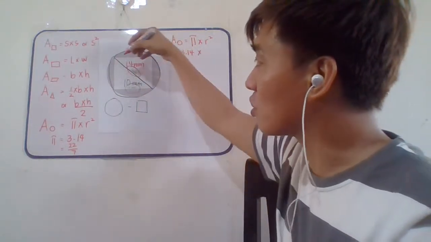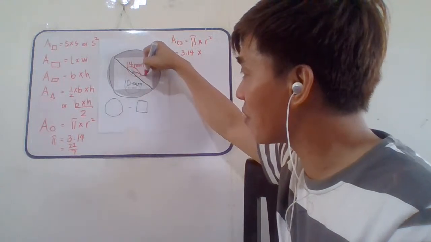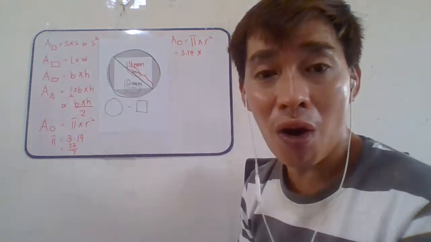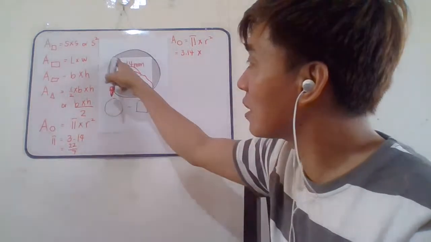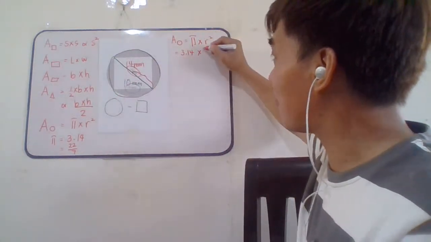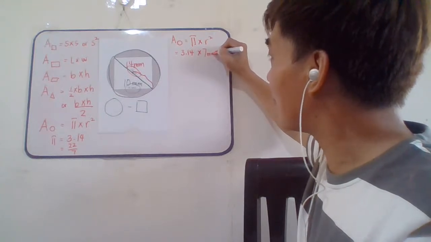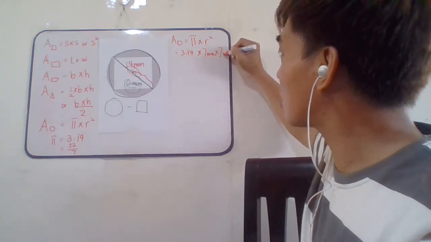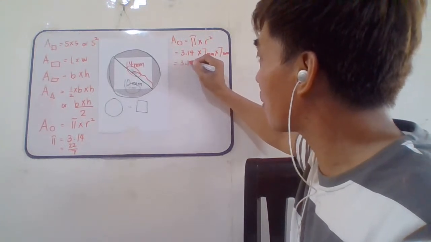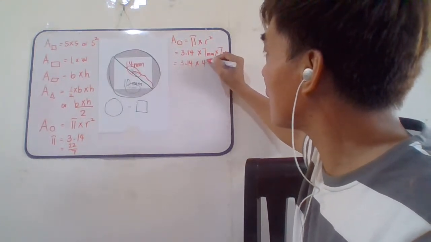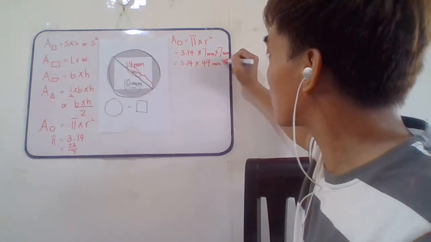Okay? So, 3.14 times the radius, which is just half of the diameter. And if this is 14, therefore the radius is 7 mm, times another radius, which is 7 mm. So that is equal to 3.14 times 49 millimeters squared.